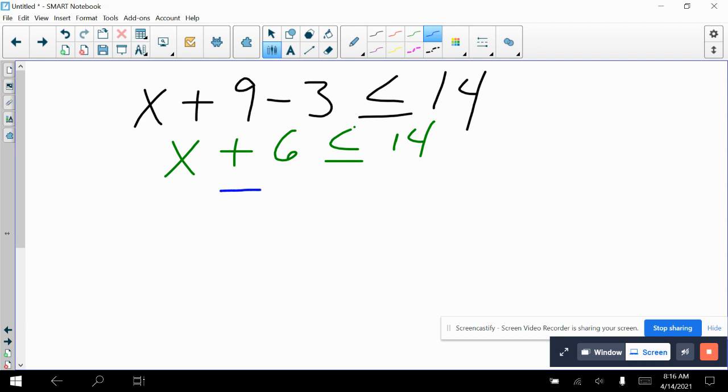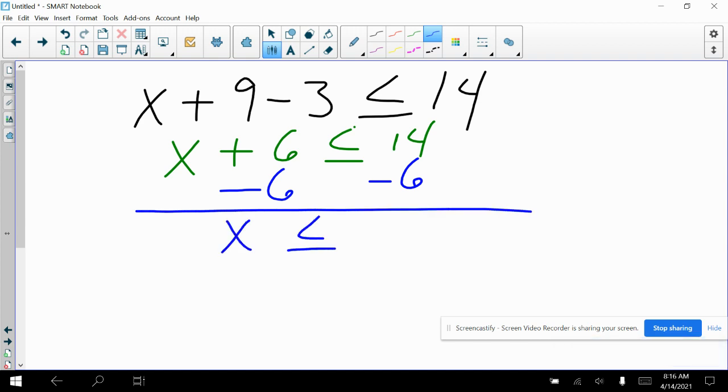Now you can apply the subtraction property of inequality, and we get x is less than or equal to 8. Again, it's chapter 1, chapter 5, chapter 7, they're all coming back into play here with properties.